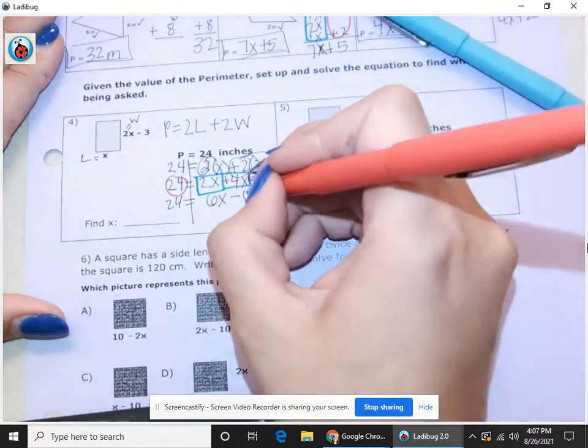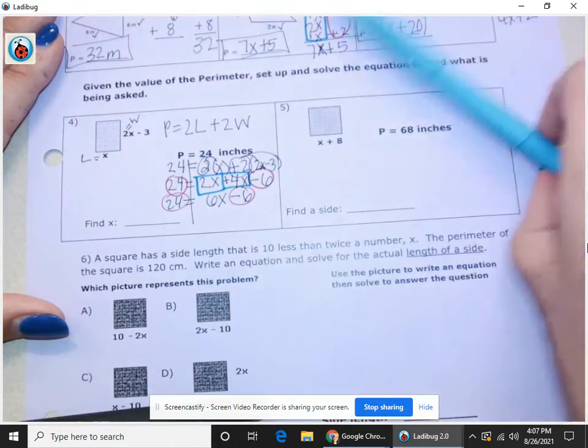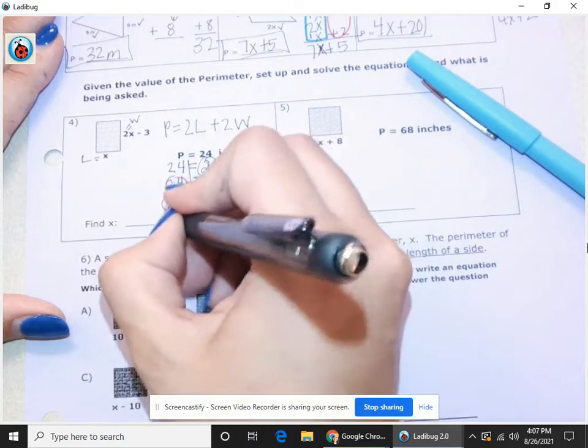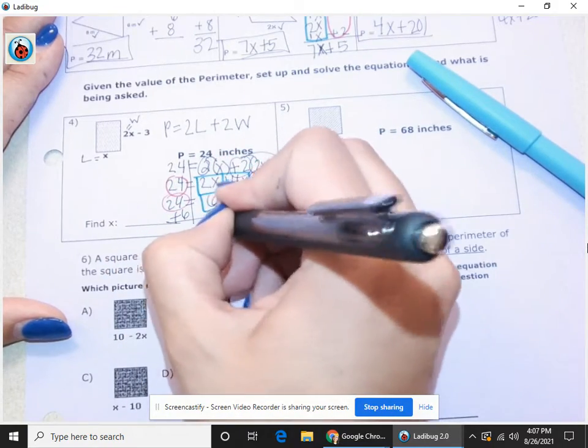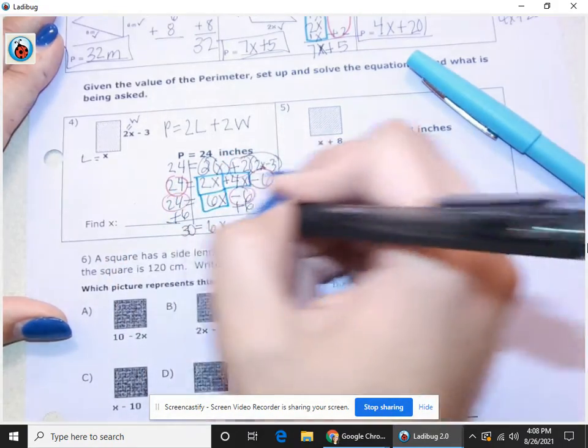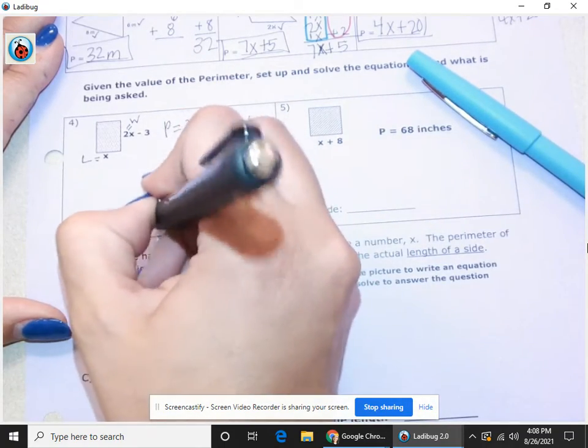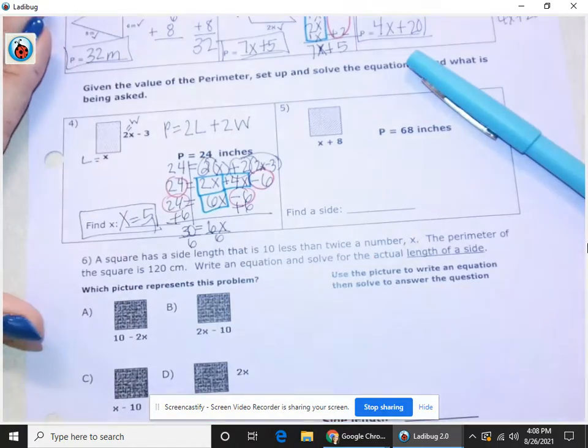And then I need to move all of my other numbers to the other side. So I'm going to add 6 to get 6x equals 30. I divide by 6 to get x is equal to 5.